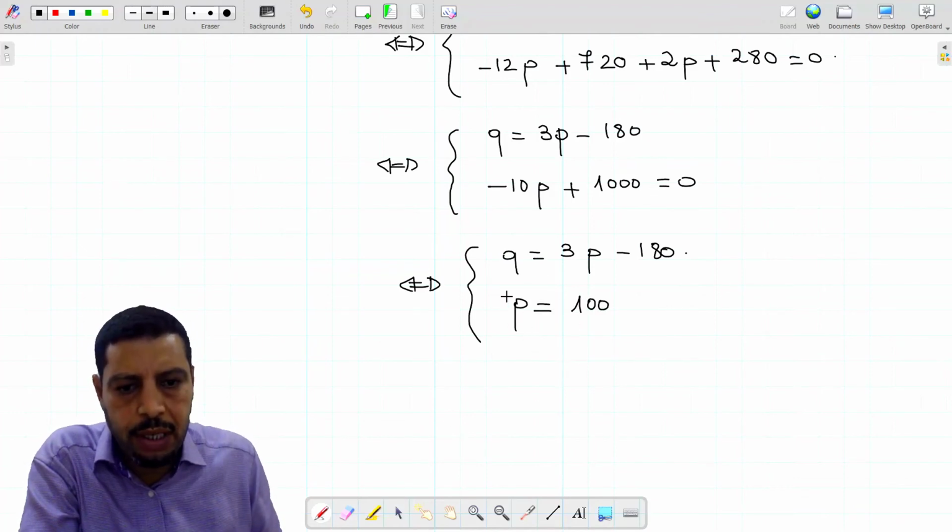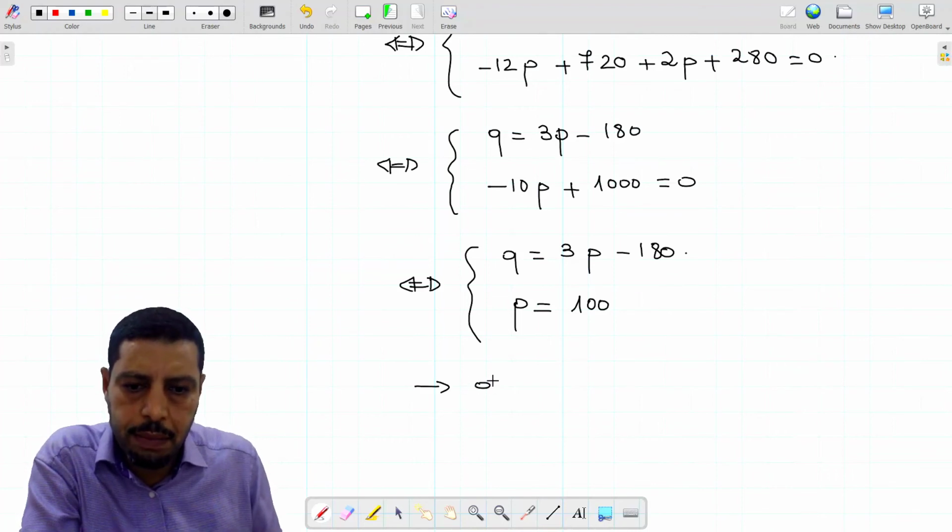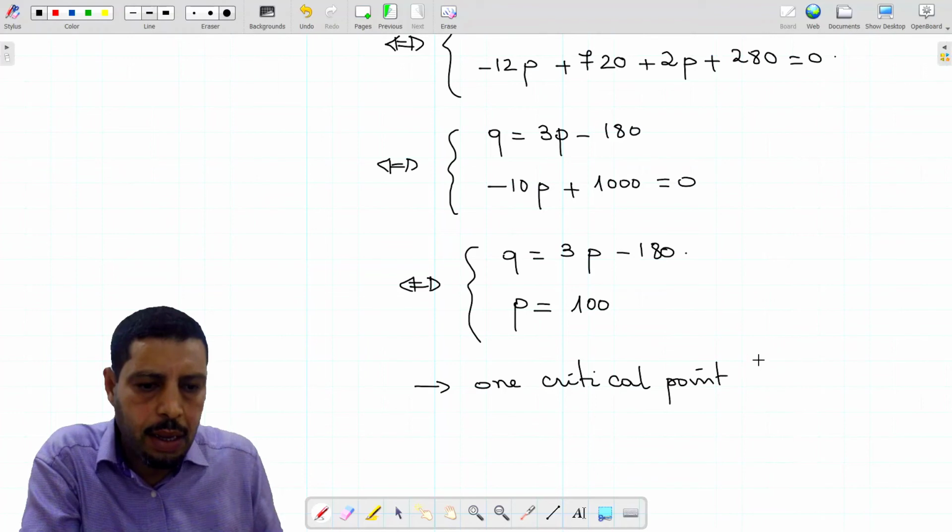So we found p, we compute q, so q will be 300 minus 180, which is 120. So one critical point, which is p equals 100, q equals 120.